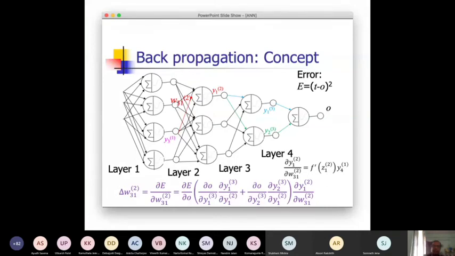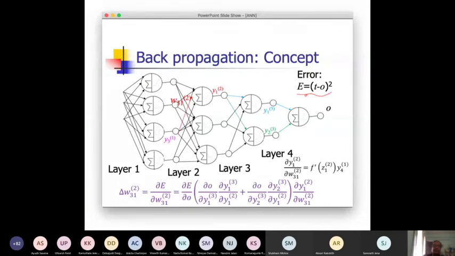Let me point out a few things. Once again we have taken the square of t minus O, as you can see, and I have just shown you a particular path of excitations through this neural network.